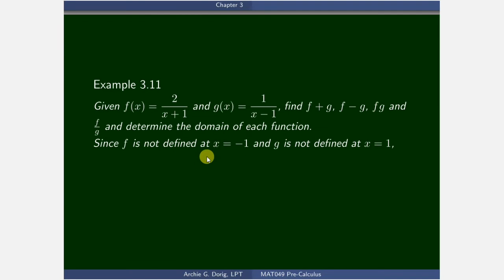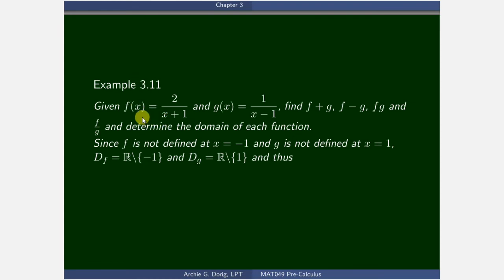Since f is not defined at x equals negative 1, so when x here is negative 1, our f of x is not defined. And g is not defined at x equals 1. Therefore, the domain of f is the set of all real numbers except those values of x that make f undefined.